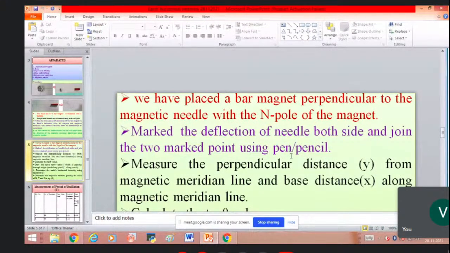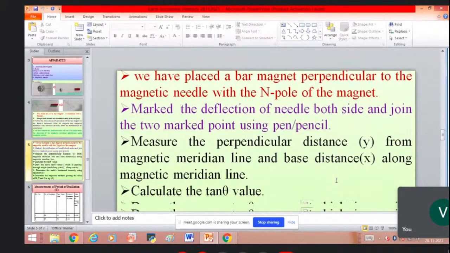Join the two marked points using a pen or pencil. You will get the deflection, and we can measure the perpendicular distance y from the magnetic meridian line, and the base distance x along the magnetic meridian. We can calculate tan theta.